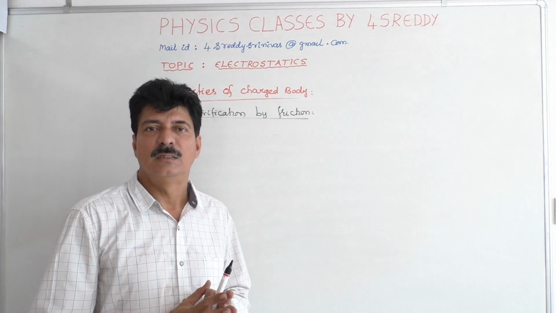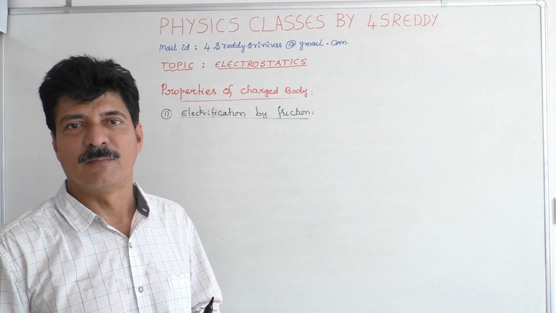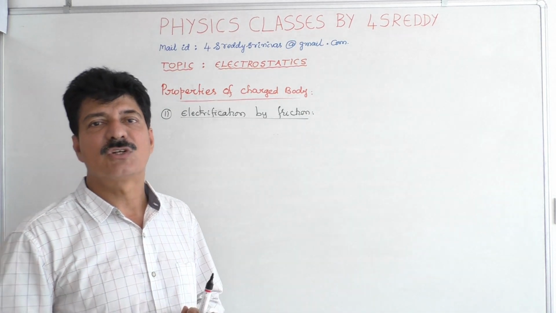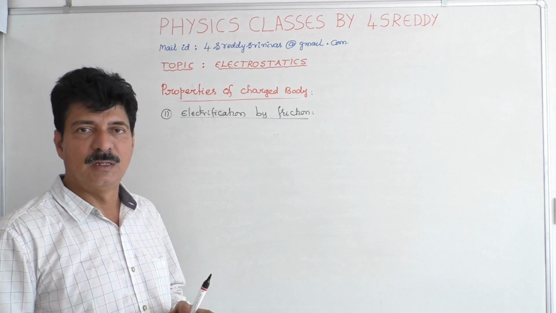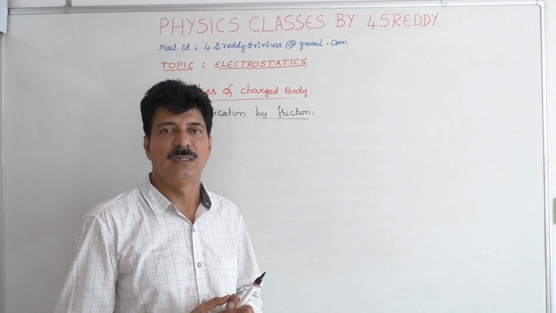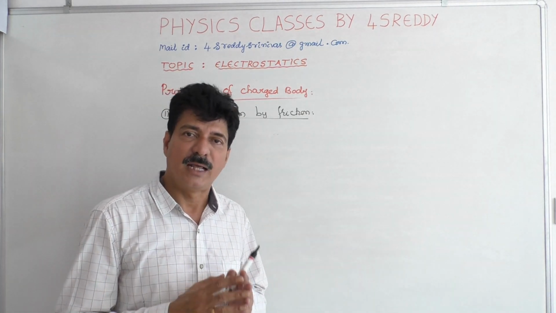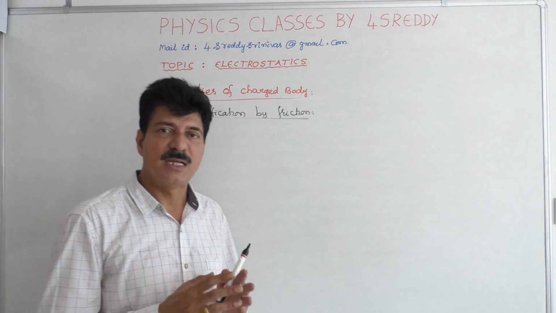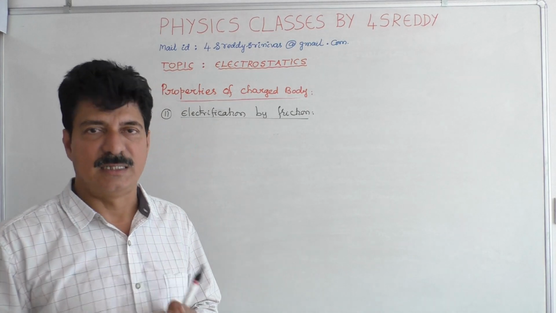Thereby, the charges are developed on the neutral bodies. And this phenomenon is called electrification by friction. But which gains positive charge and which gains negative charge can be estimated after several experiments. Some substances are arranged in an order called electric series.